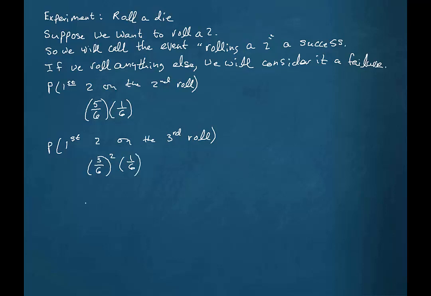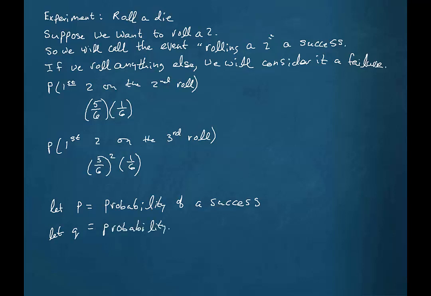Now let's formalize some of this notation. Let's let P be the probability of a success. And then let's let Q be the probability of a failure.